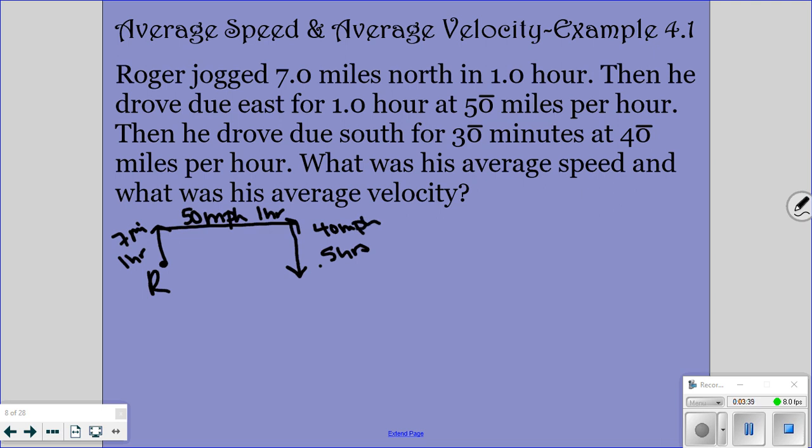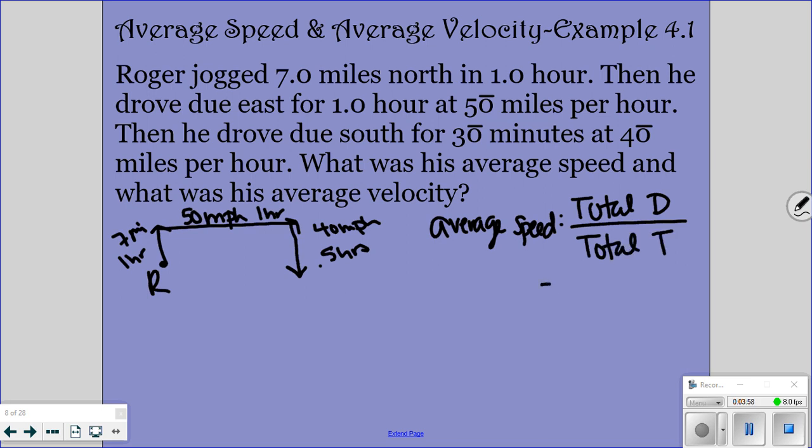So the first thing that we need to do, average speed, we're going to do total distance over total time. So the distance, first he traveled 7 miles, and then it says he traveled at 50 miles per hour, but he traveled for an hour.